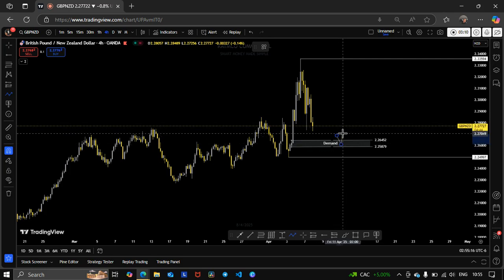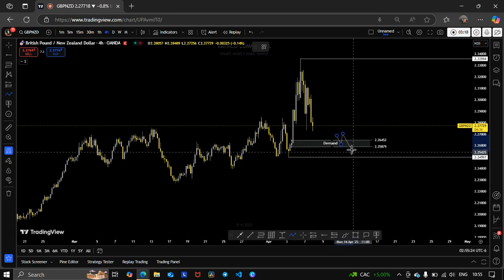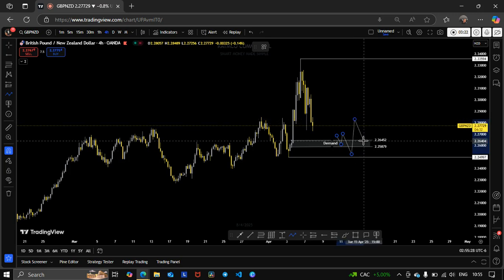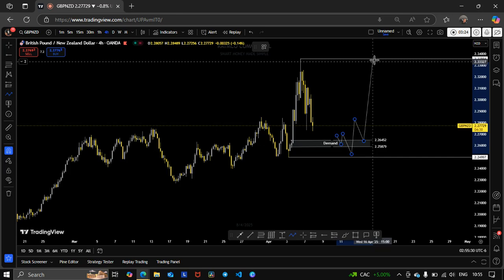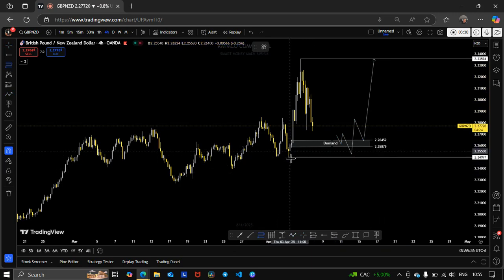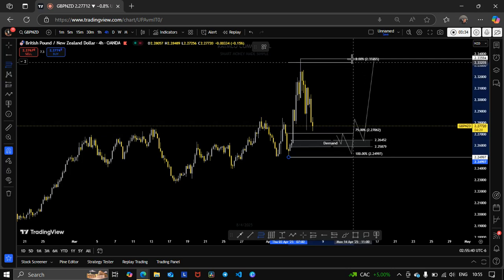But here's the thing: I'm not going to place my stop loss at the zone where it says 2,2587. I'm just going to place my stop loss here in case the market plays around here and then goes in my direction. And there's another way of entering. So here's the second place to enter from.